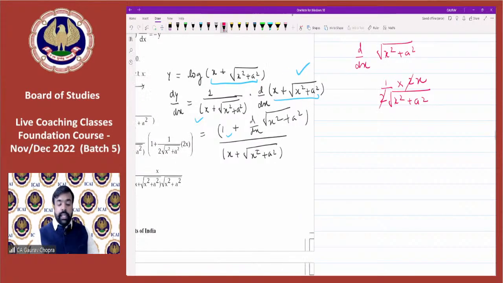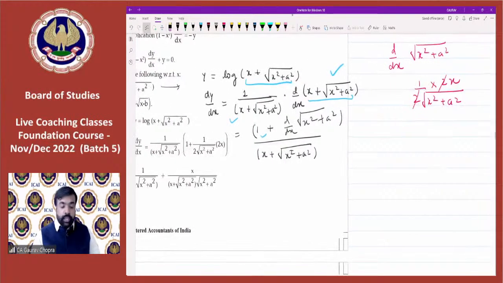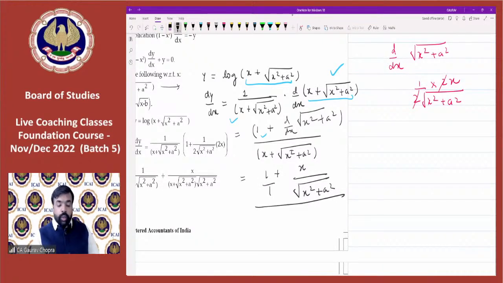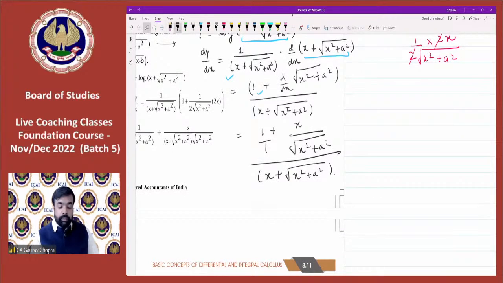So 2 will get cancelled. So we can write it here as 1 plus x upon root x square plus a square, whole divided by x plus root x square plus a square. Now we can take the LCM.